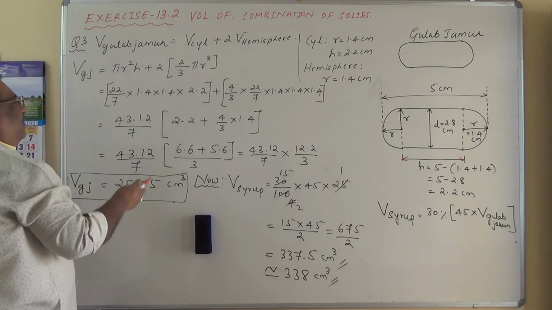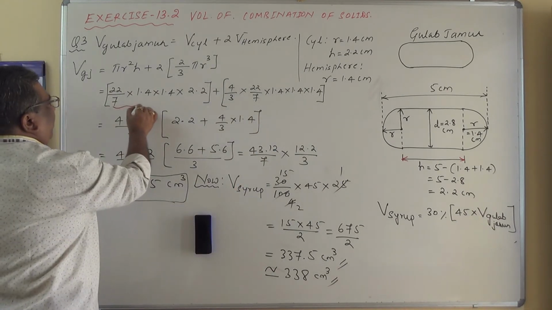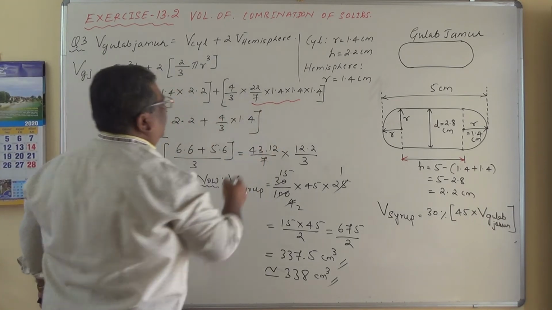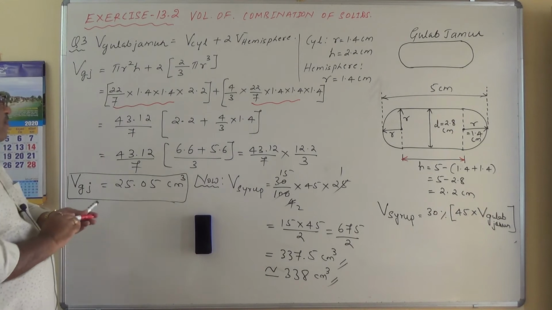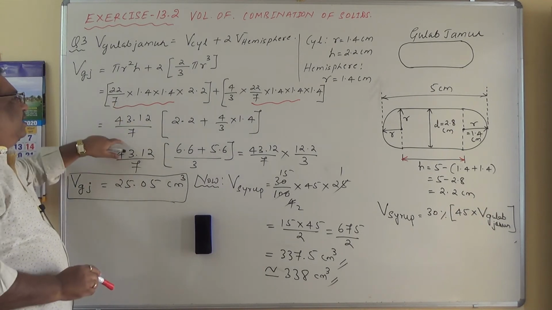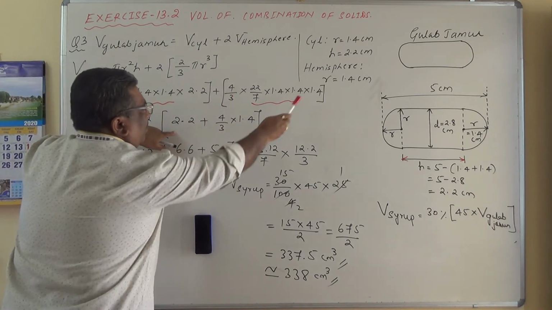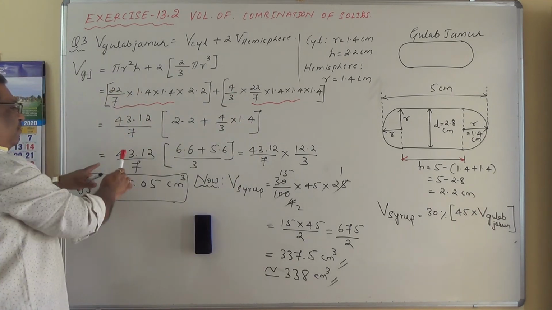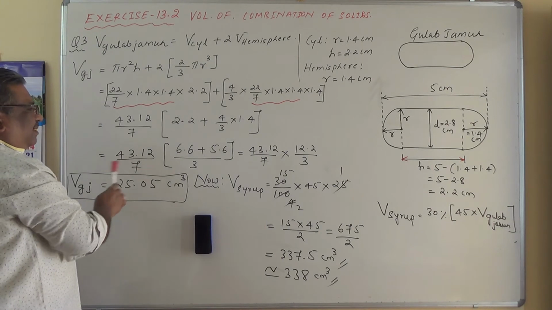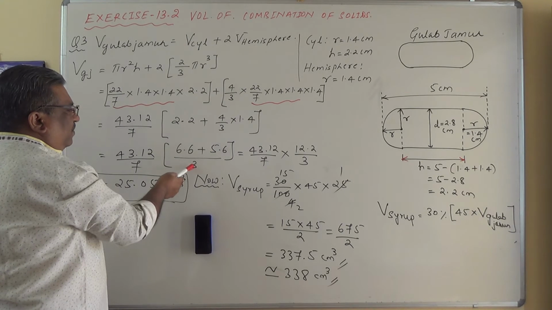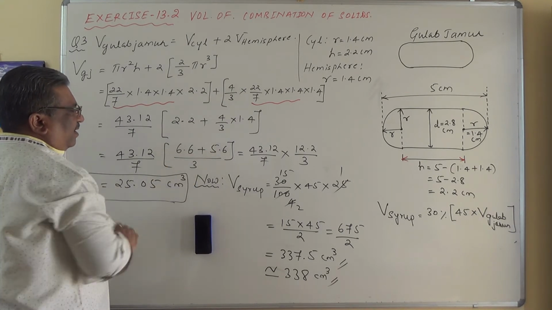Here what I have done is this particular part. If you look at this part, 22 by 7 into 1.4 into 1.4, that product I have taken out. The remaining is 2.2 here and the remaining 4 by 3 into 1.4 this side. So 43.12 by 7, this will give you 6.6 after taking LCM, 6.6 plus 5.6 by 3.